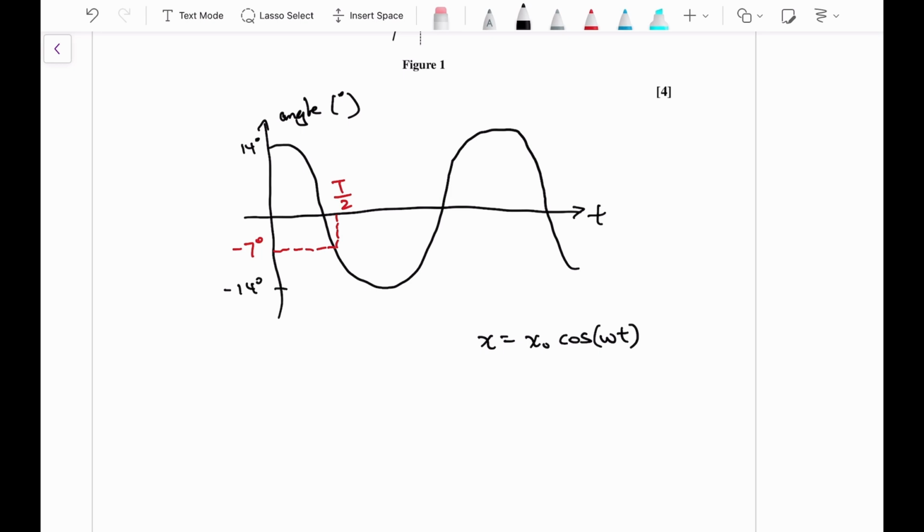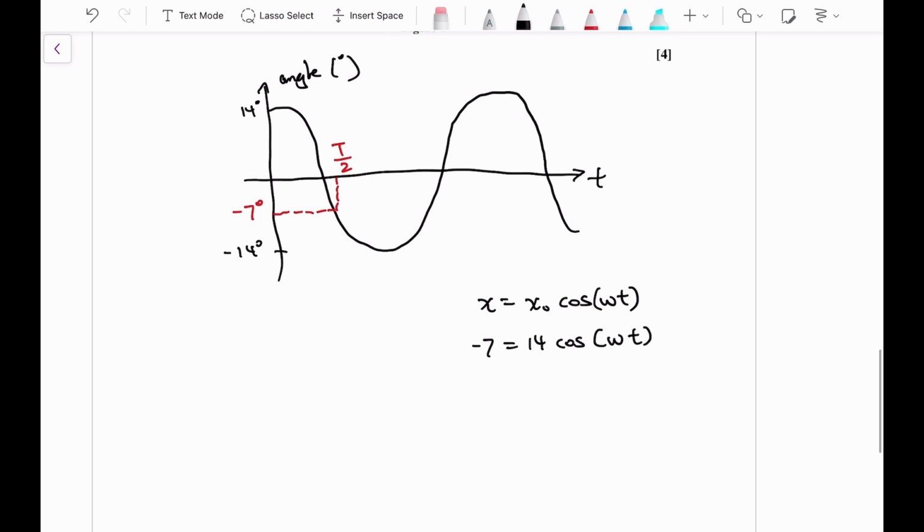We can also convert this into angle. So negative 7 is equal to 14, which is the initial angle, times cosine of omega times t. What we want is t, however we don't know omega.